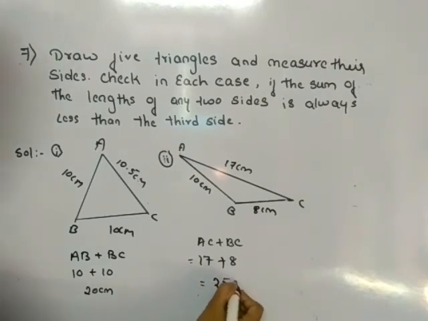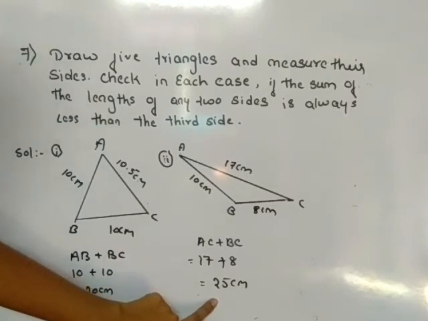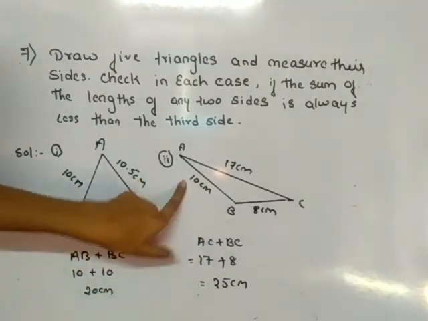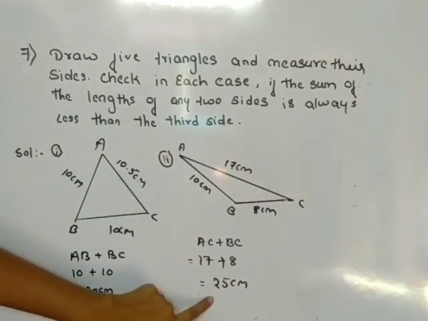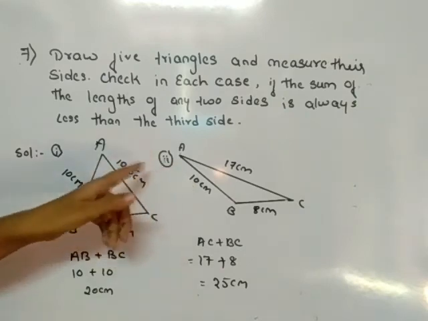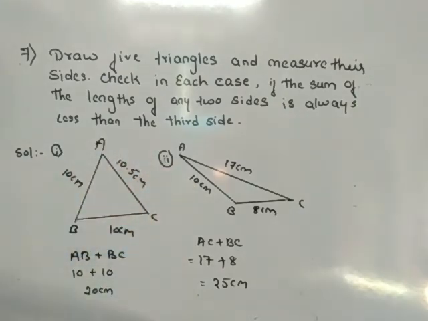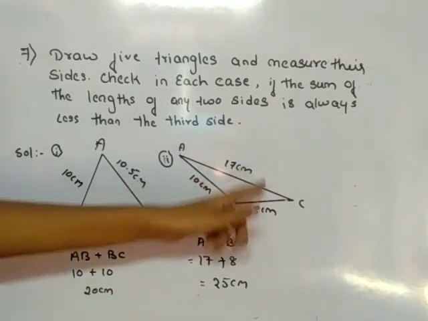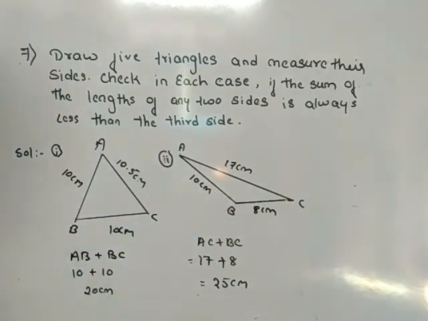Is 25 less than the third side, that is 10 centimeter? No. Again we can say that the sum of the length of any two sides is never less than the third side.